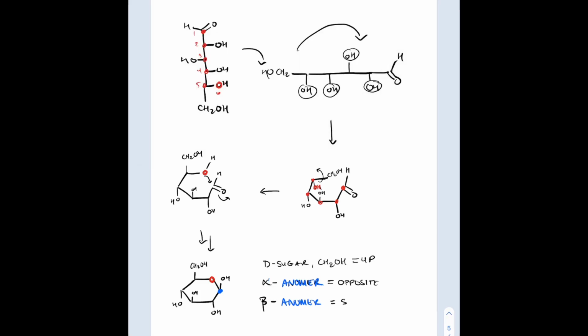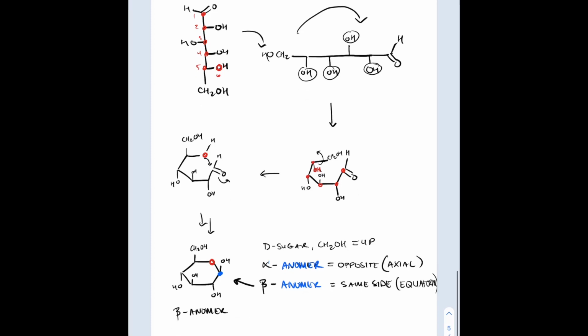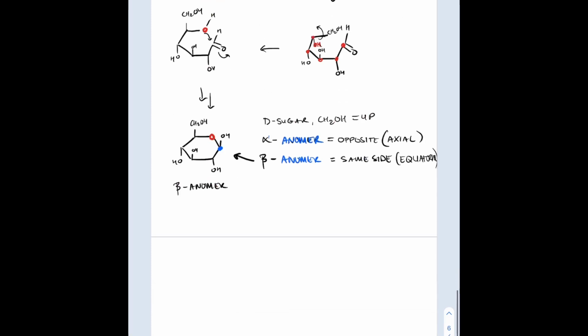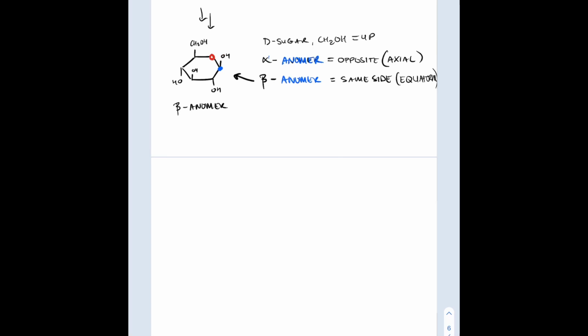This is because, as I just showed in the mechanism, at some point we have a carbon-oxygen double bond that's resonance stabilized with a positive charge on that oxygen, and that means it's planar, and the nucleophile can attack from the top or the bottom. So this red oxygen can attack from the top or the bottom, and that gives you your two different anomers, alpha and beta.